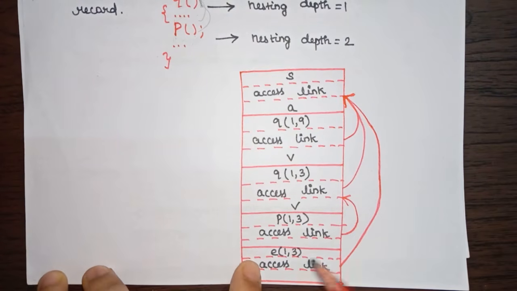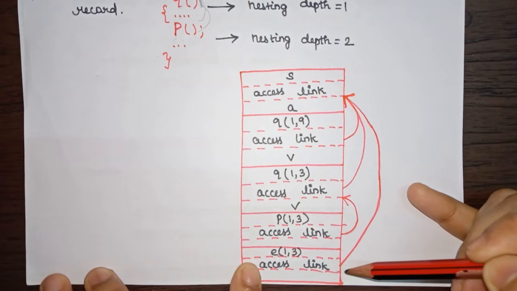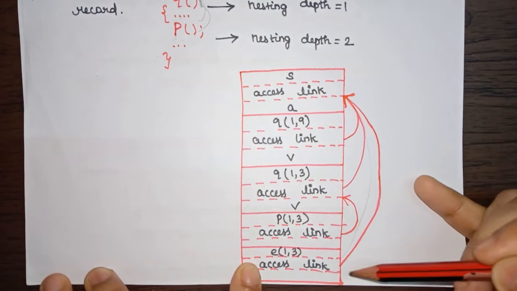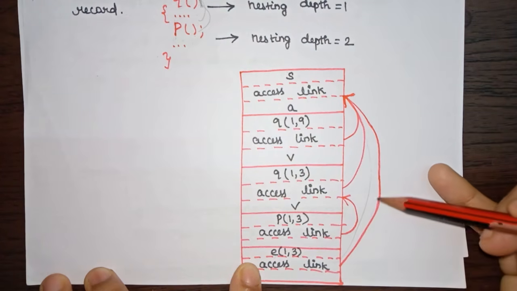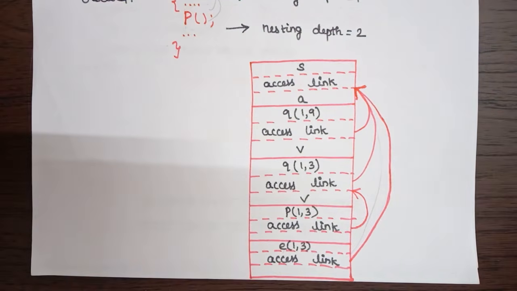If you look at this procedure exchange, it has an activation record and an access link. That access link bypasses the activation record for quicksort.